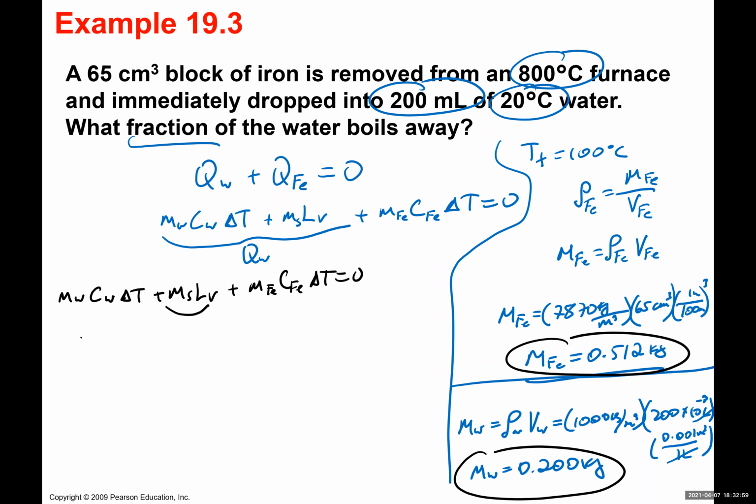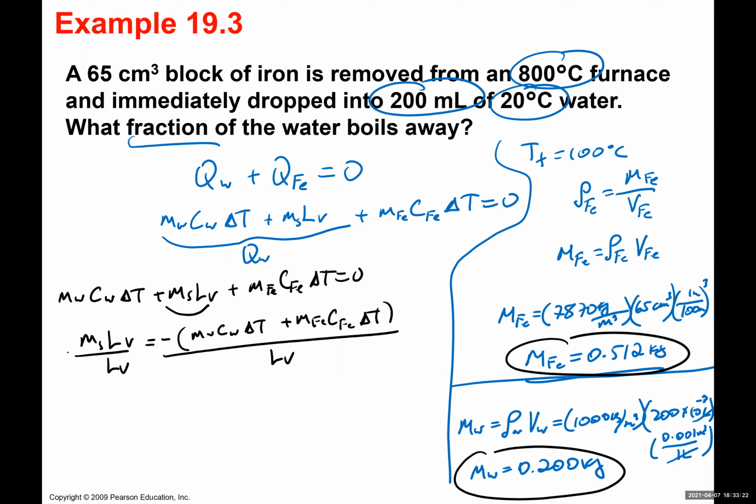So I can say mass of the steam times L_V is equal to, moving the other two to the right, minus mass of water times specific heat of water times delta T plus mass of the iron times specific heat of iron times delta T. Then this is divided by L_V. If I divide both sides by L_V, then I can get mass of the steam.